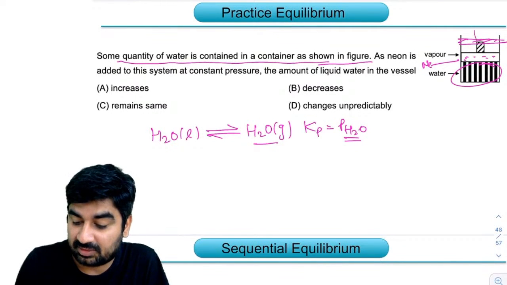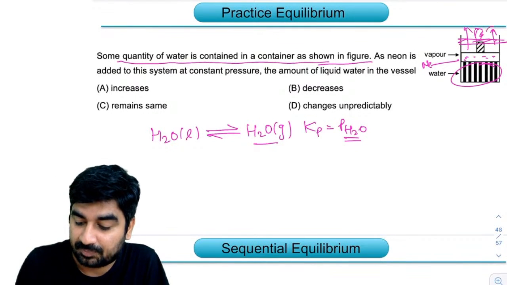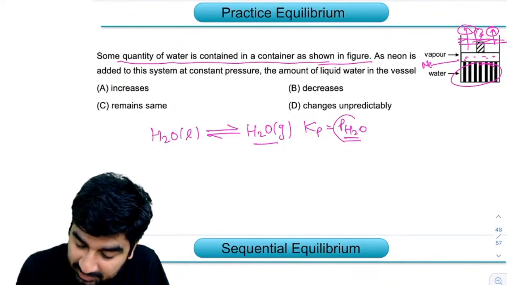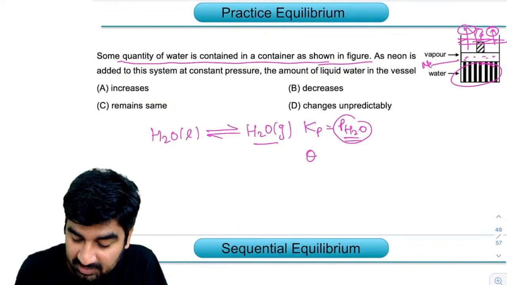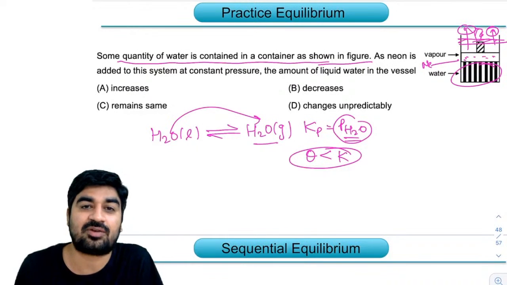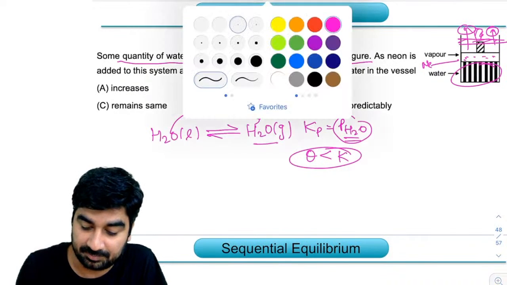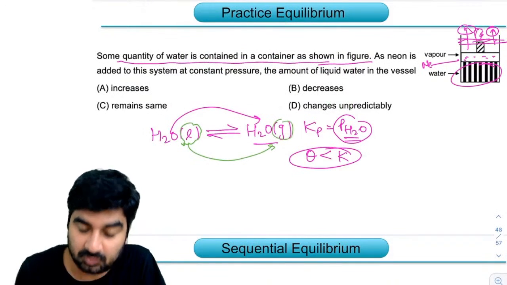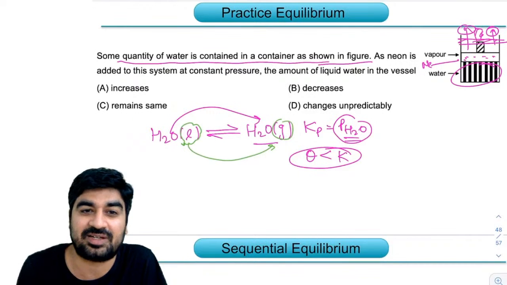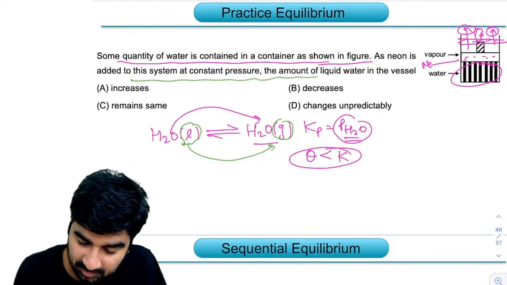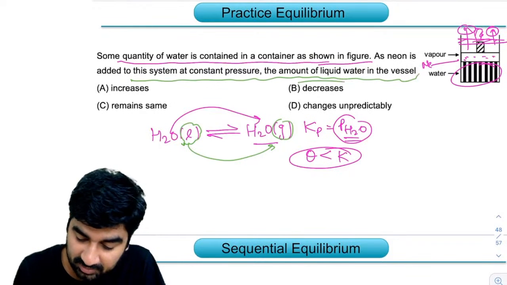So what will happen when that piston will move upward? That piston is moving upward, guys. This will decrease, and if it will decrease, Q will decrease. Q will become less than K. And if it is so, guys, reaction will move in the forward direction. So the amount of liquid water will get converted into gas. As a result, guys, it will decrease. So amount of liquid water in the vessel will decrease.